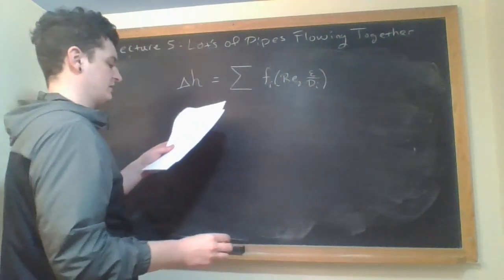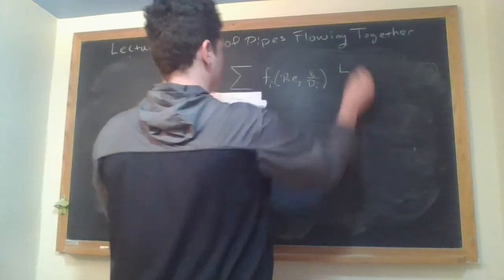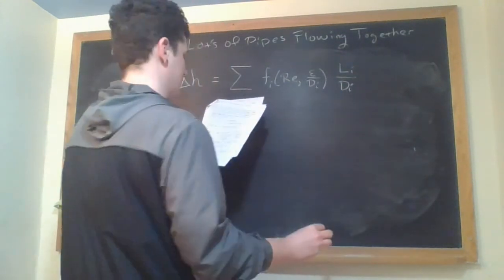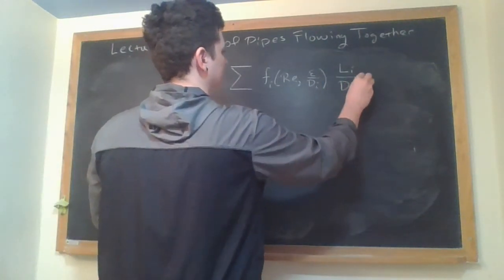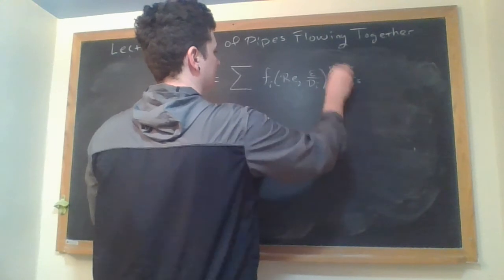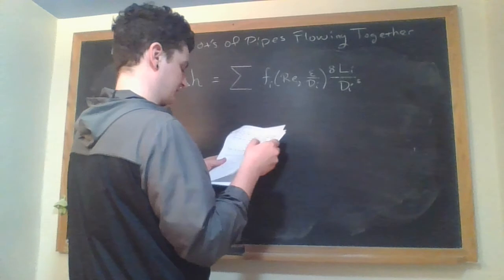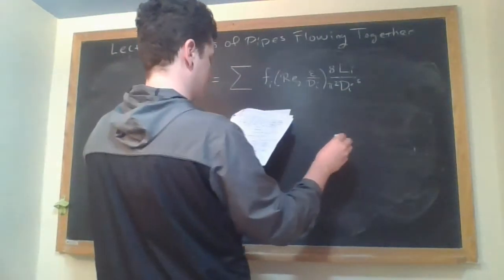So it's a friction coefficient. Then we have Li over Di. There's an 8 here. Squared.